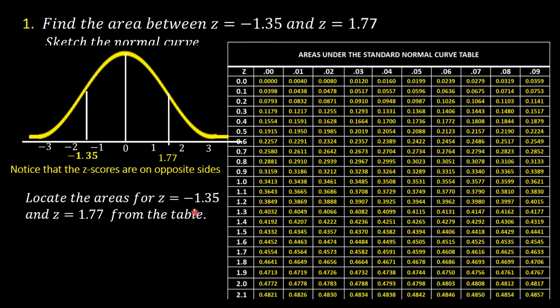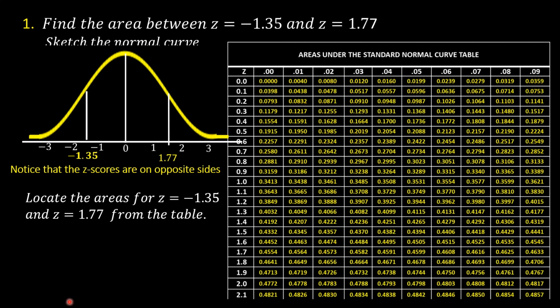We are going to look at the first two digits of z is equal to negative 1.35 in the first column. Disregard the negative sign. This is 1.3. And then look at 0.05 in the first row. This is 0.05.